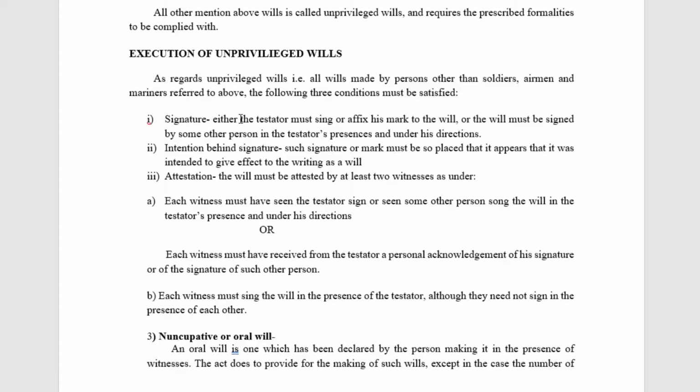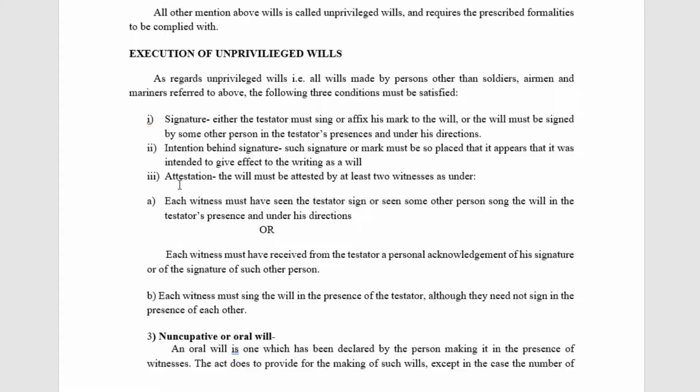That means sometimes the testator need not sign the will. On behalf of the testator, some other person may also sign this document. That is the thing we can see with regard to the unprivileged will.